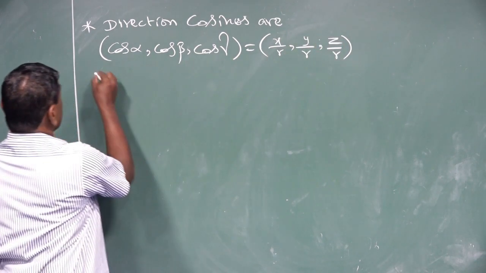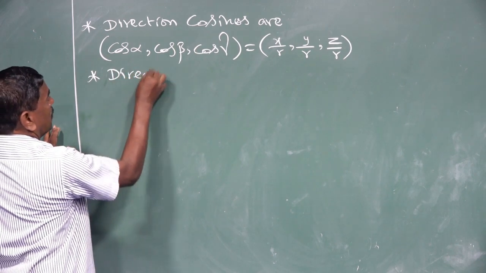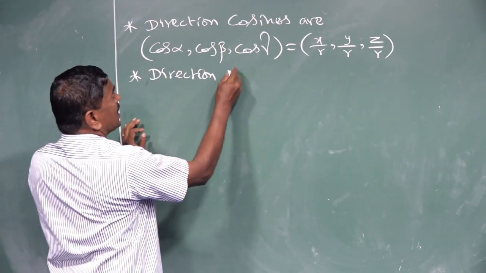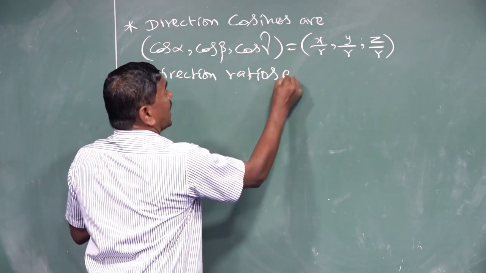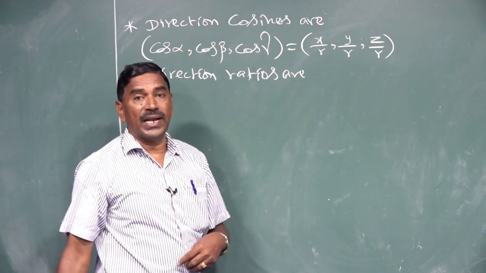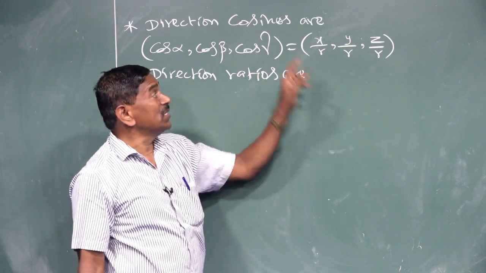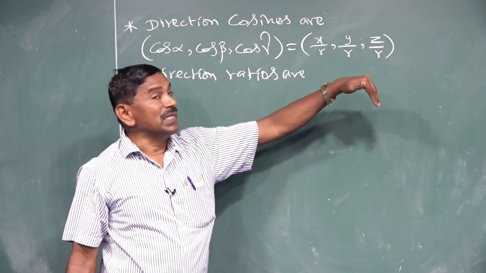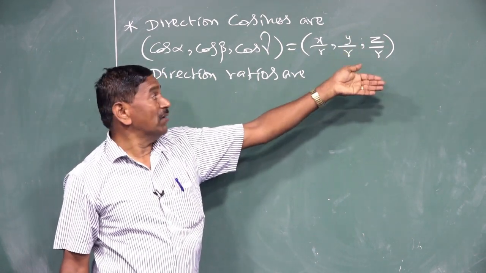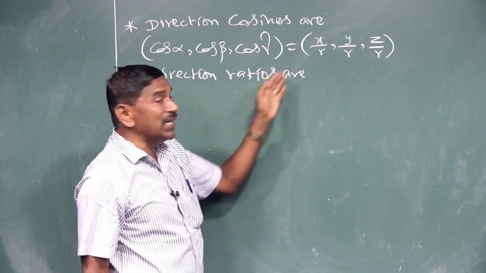Okay, the next step, direction ratios. Can you tell me what the direction ratios are? Yes, x, y, z, because the OP vector, the r vector, is equal to x i vector plus y j vector plus z k vector. Therefore, the coefficients of i, j, k are said to be direction ratios.